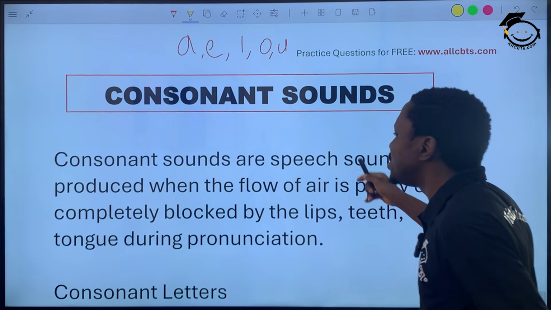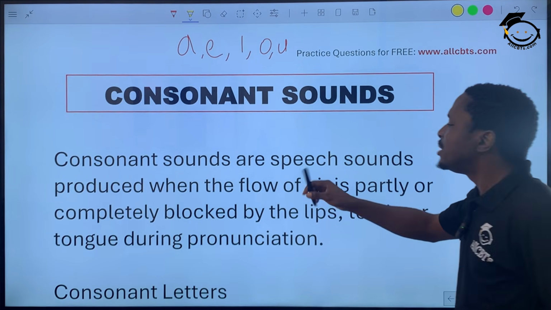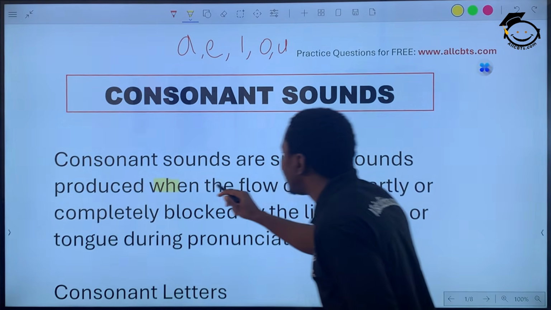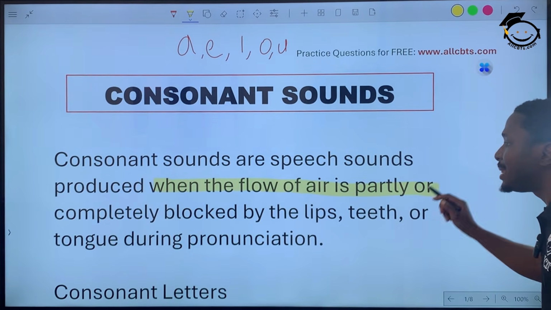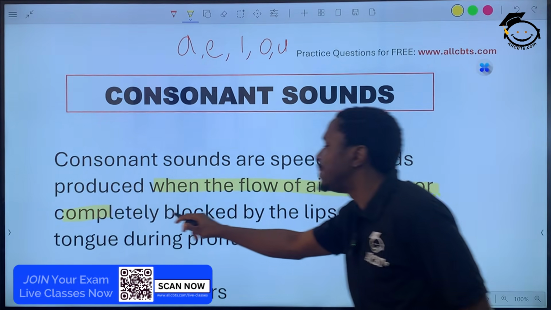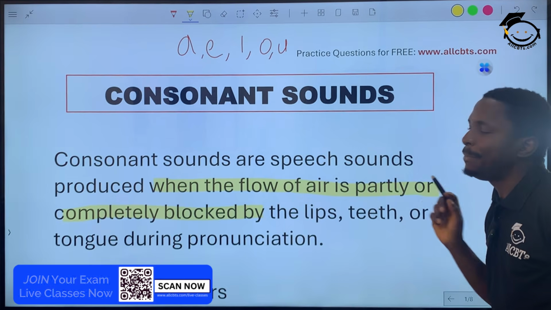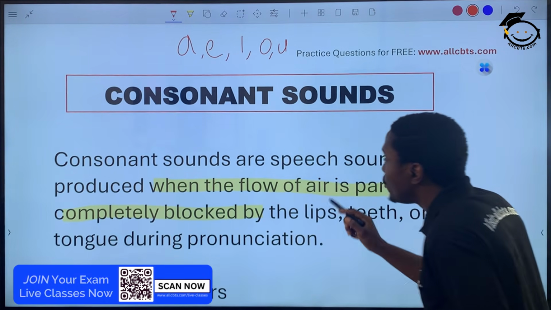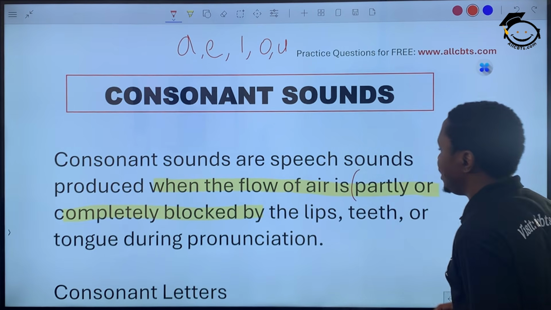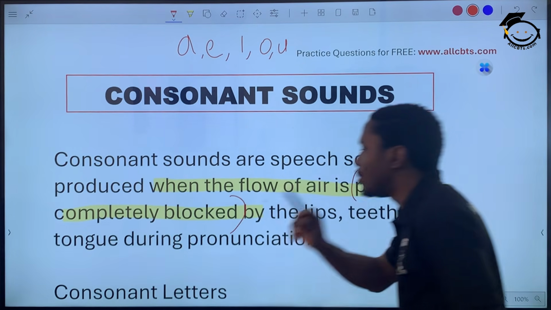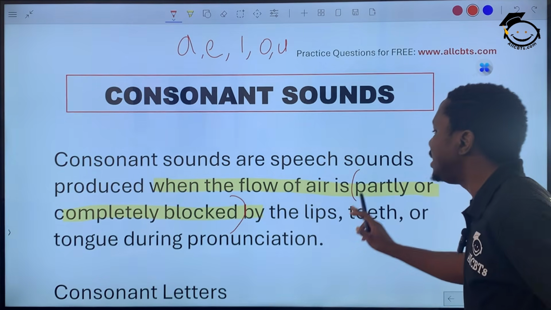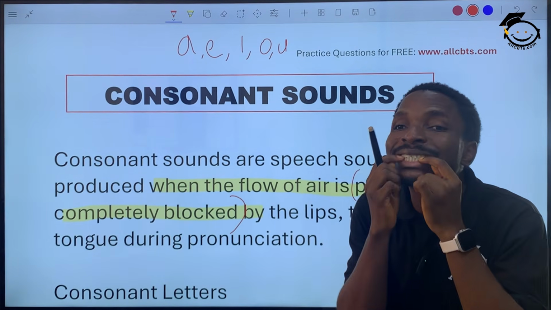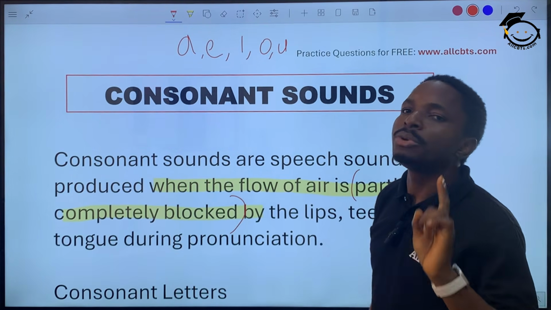Consonant sounds are speech sounds produced when the flow of air is partly or completely blocked. This is a clause, so this is the condition here: when the flow of air is partly or completely blocked by your lips, the teeth, or the tongue during pronunciation.